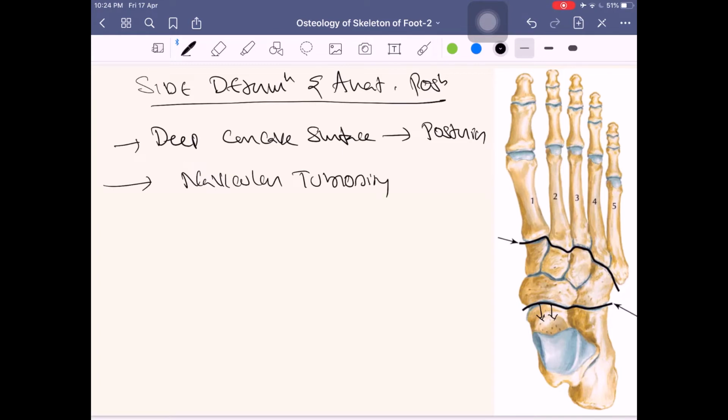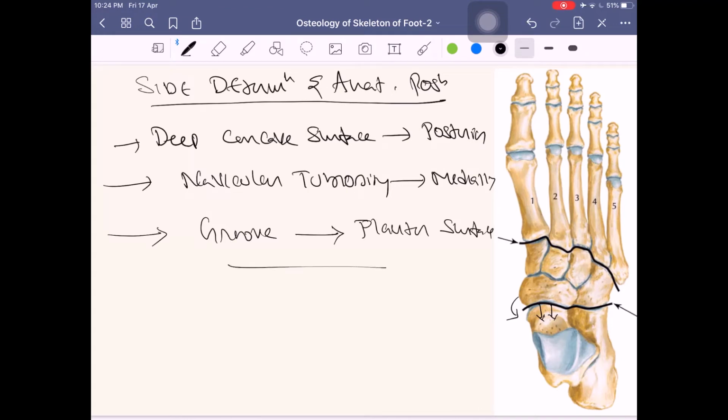Now we know where the navicular tuberosity is. It is on the medial surface. So the navicular tuberosity should be directed medially. And on the plantar surface you have a groove for your tibialis posterior, so a groove present on the plantar or inferior surface. So these are the 3 points which will help us to decide the side in anatomy.